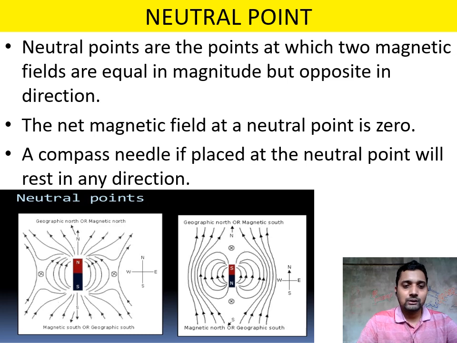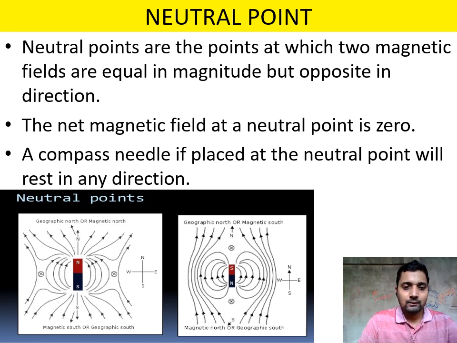Here you can get two conditions. In the first condition, the north pole of our magnet is facing geographic north, and in the other, the north pole of our magnet is facing the geographic south. We can keep the magnet north facing north or north facing south, and in both cases we get a neutral point.